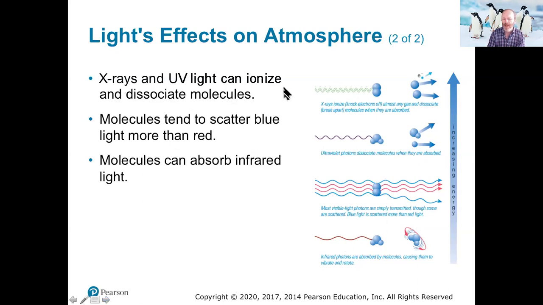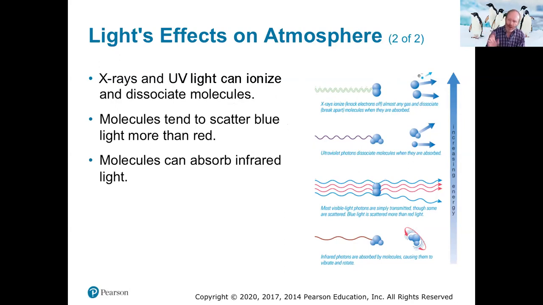X-rays and UV light are very high energy portions of the sunlight. If you remember back when we were talking about our electromagnetic spectrum, these will do the ionization and dissociation. These are what split things apart. Denser molecules, like O2, usually oxygen isn't just floating around by itself, it's in pairs, so O2.